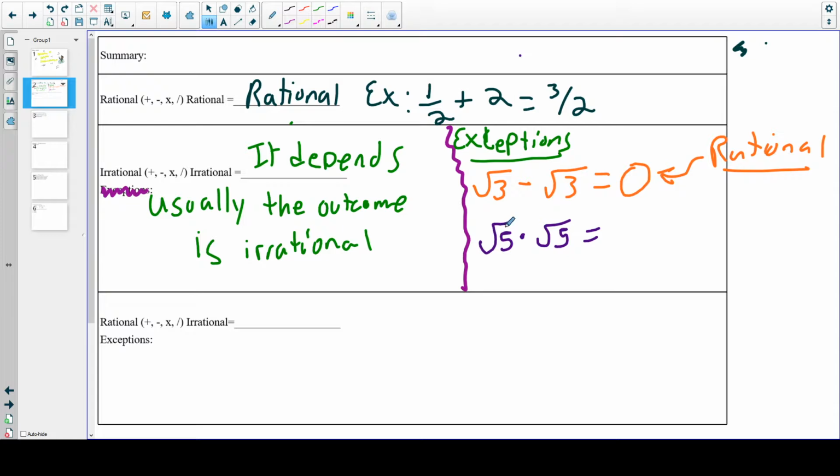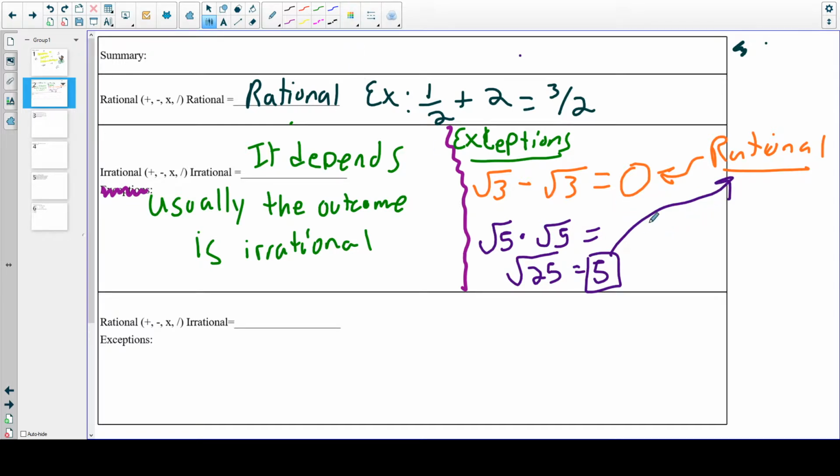If you don't know how radicals work, you can always use your calculator. But very quickly, since we're multiplying, we can multiply the inside. So 5 times 5 is 25, and the square root of 25 is 5. So the outcome is also rational.